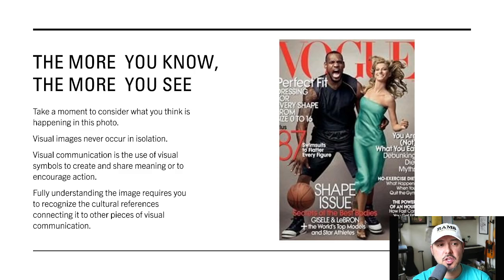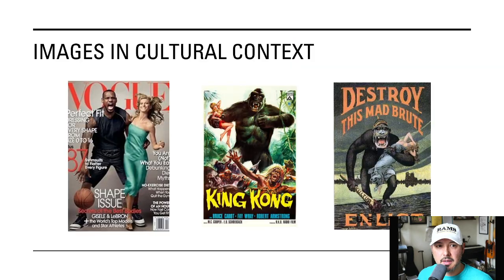It's the study of the use of visual symbols to create and share meaning among a group of people, among a society, among a culture. Fully understanding an image and why it can be controversial or why it can be popular or why it can be perceived a few ways requires you to recognize the cultural references that connect it to other pieces of visual communication in a culture's history.